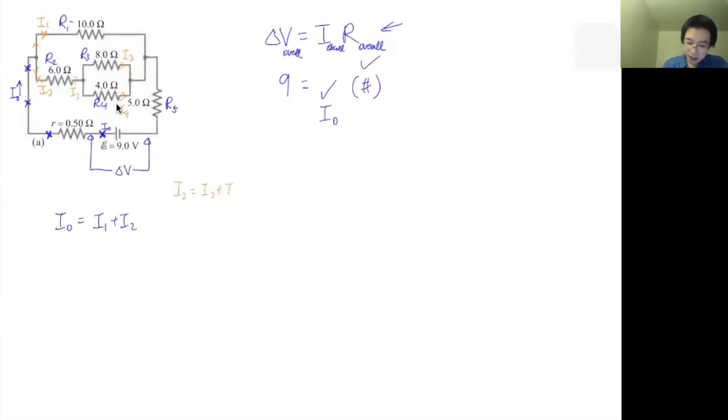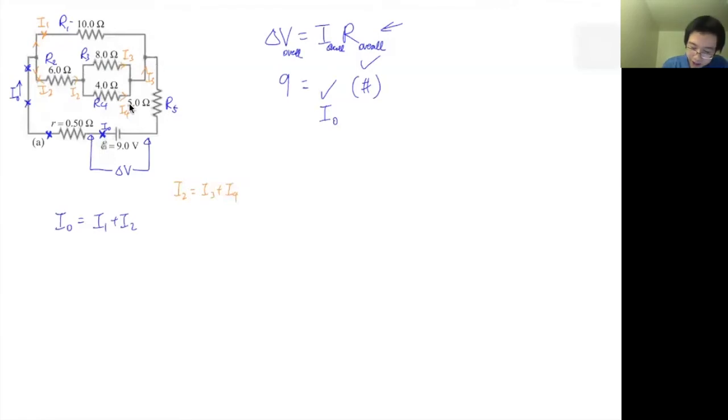Okay, so what happens here? I could give this another name like I5, but it's unnecessary because I2 gets split up into I3 and I4. Let's say there's 100 charges per second going through here, and it splits into 60 and 40. Then they recombine over here. So instead of giving a new name, let me just call it I2.